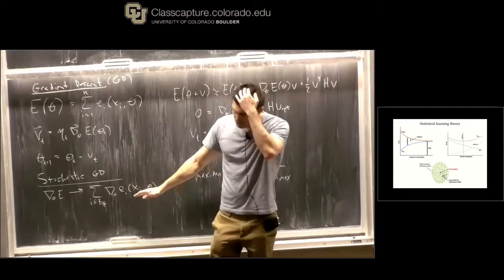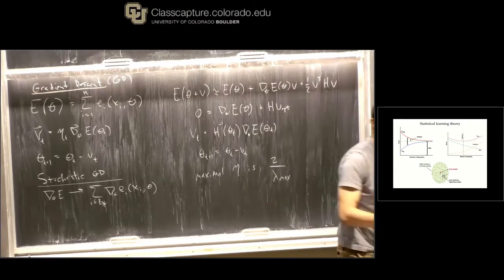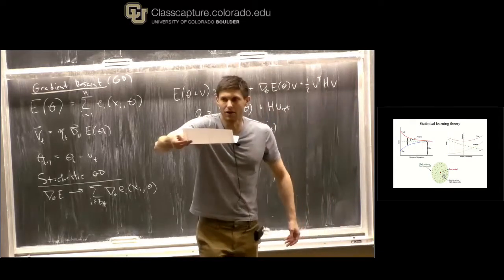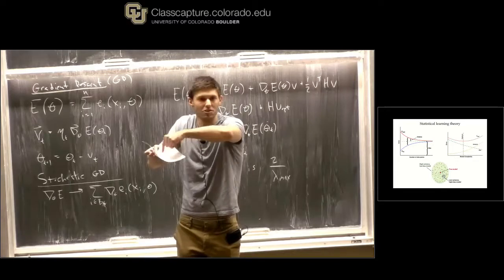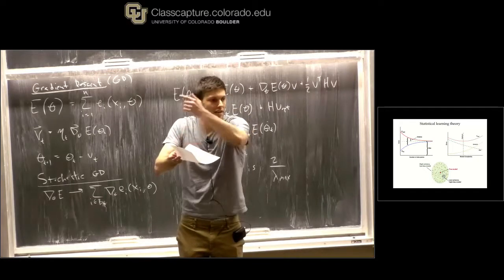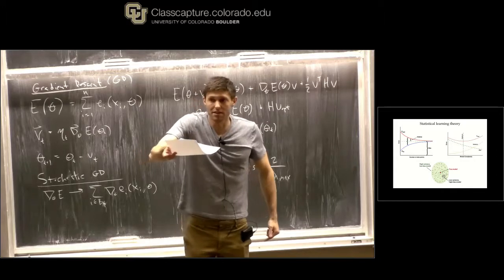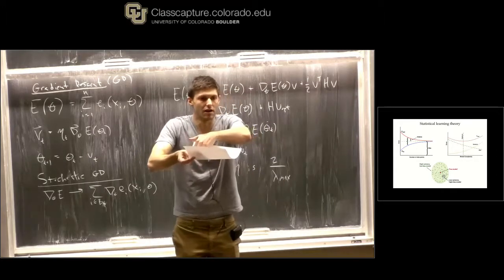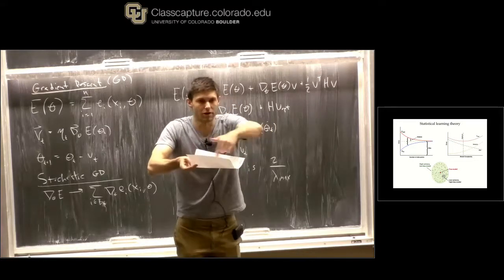So the landscape, rather than being very rugged, looks more like this, where there's a valley that is a million dimensional, and then there are some directions that are steep, right? And nonetheless, the curvature in the steep directions is a function of where you are in the valley.